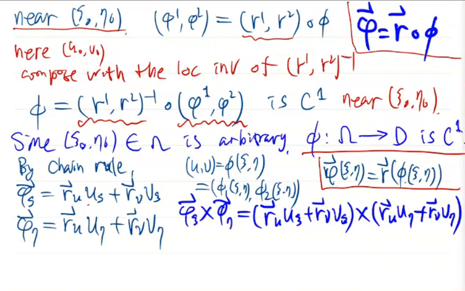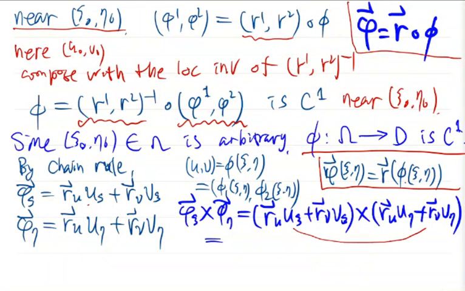Okay, then by the operation law of the cross product, this is precisely these two terms. The cross product of these two terms is 0, because the vector parts are the same. Ru cross product with Ru is 0. So this is 0.